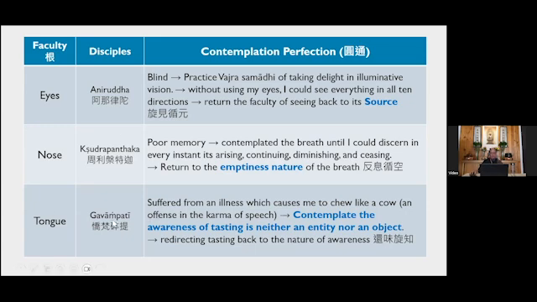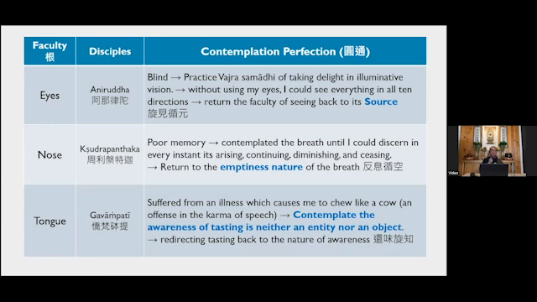And the tongue as well. This disciple, because of the karma of speech, always said bad things about people, and so he had this karma. He suffered from an illness which caused him to chew like a cow. But anyway, the Buddha taught him to contemplate that the awareness of tasting is neither an entity nor an object.